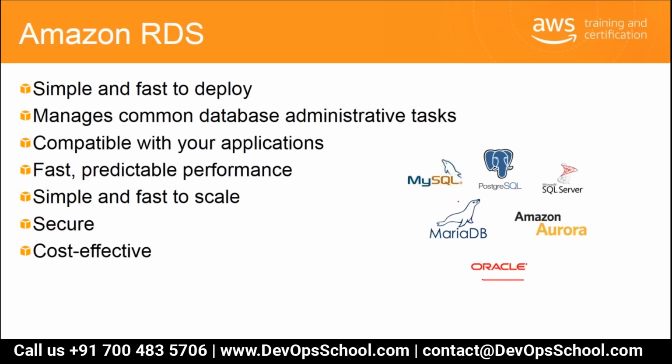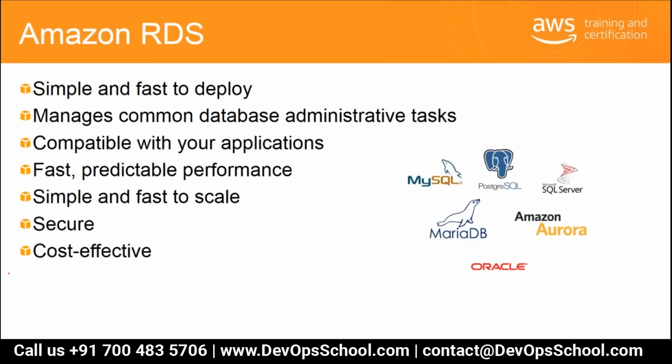It makes it easy for you to set up, operate, and scale a relational database in the cloud. It provides cost-efficient and resizable capacity while managing time-consuming administrative tasks. It manages common database administrative tasks. You may not have to do all that low-level administrative work yourself when you're using RDS as a managed service.